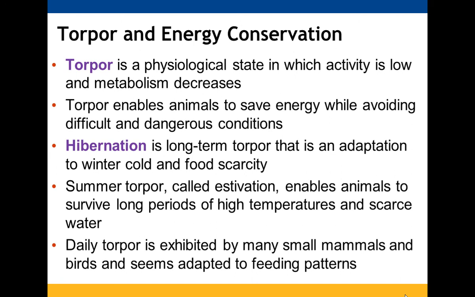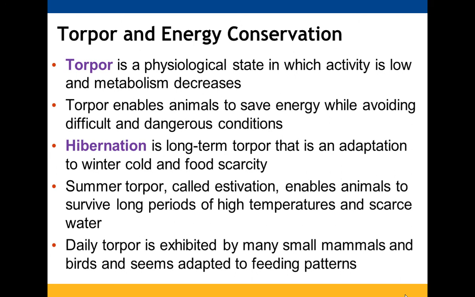Summer torpor, called estivation, allows animals to survive long periods of high temperatures and scarce water. And daily torpor, which is what our animals would more likely be encountering if we were not at home right now, would be exhibited by lots of small animals and birds, and is adapted to their feeding patterns.